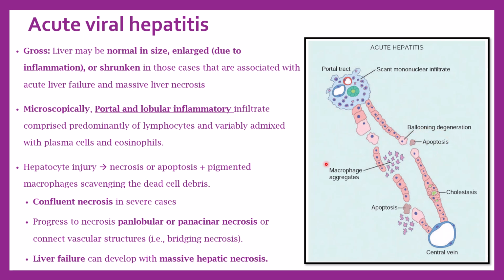And the necrosis can be confluent, or it could progress to panlobular or panacinar necrosis, or bridging necrosis, which is nothing but the necrosis connecting two vascular structures. And if it is massive hepatic necrosis, it could result in liver failure.